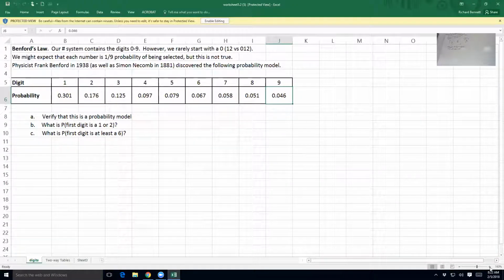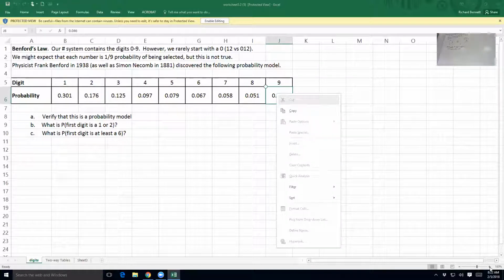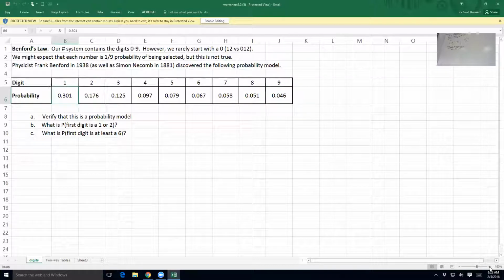So the first question I have is, how would you verify that this is a legitimate probability model? What rules? 0 and 1. So are all of these values here between 0 and 1? All of those between 0 and 1?